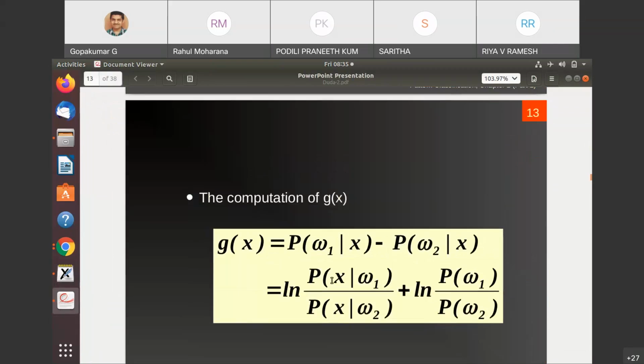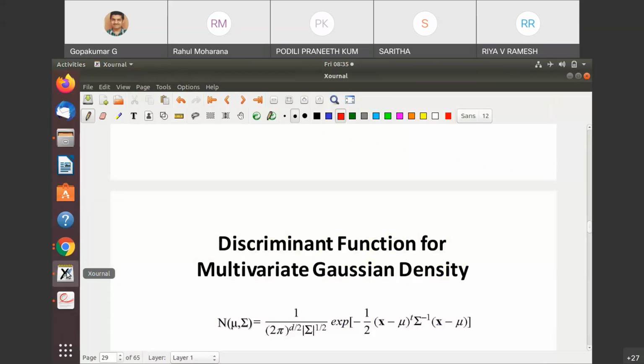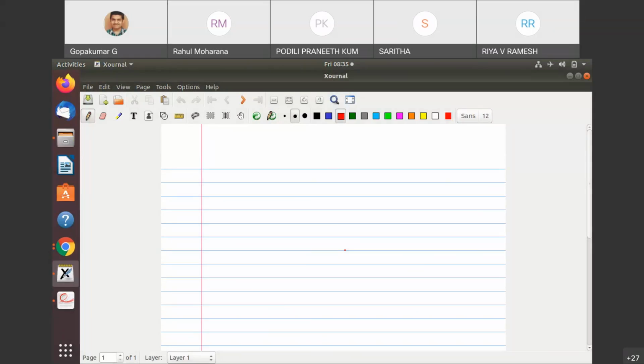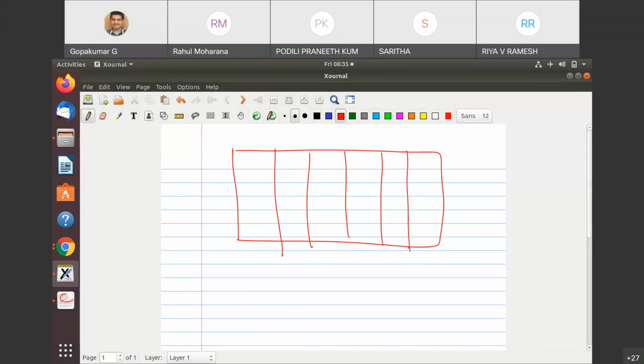And one more thing about the Bayes classifier. Usually when we consider a data set in a machine learning problem, this is a typical way of representing data, where we have x1, x2, etc. up to xn, n number of features, and we have class information.